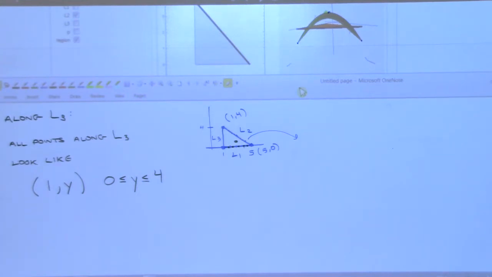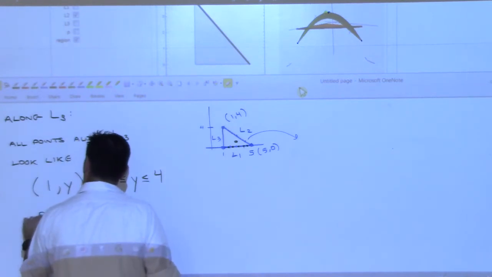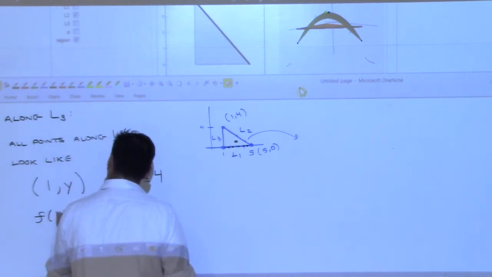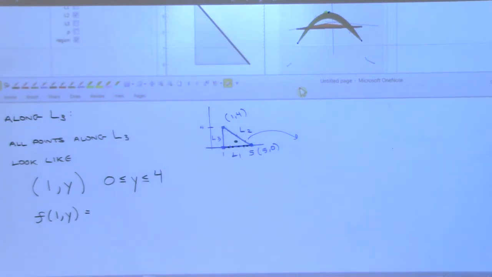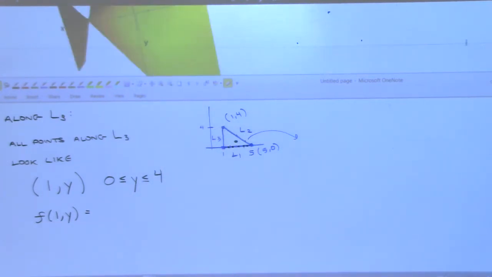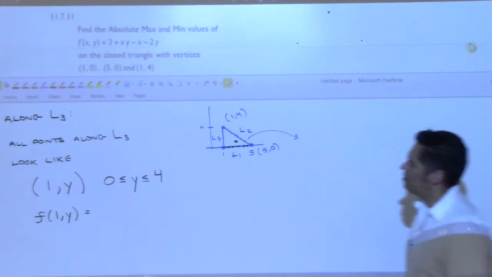Now we plug in x equals 1 into the original f of x and y. We're going to plug in x is 1 and y we're going to leave as y into the original function. So this is the part where we're taking those points, mapping them up into the surface to see what they become. So I look at the original surface f of 1, y: 1 for x, y stays y.